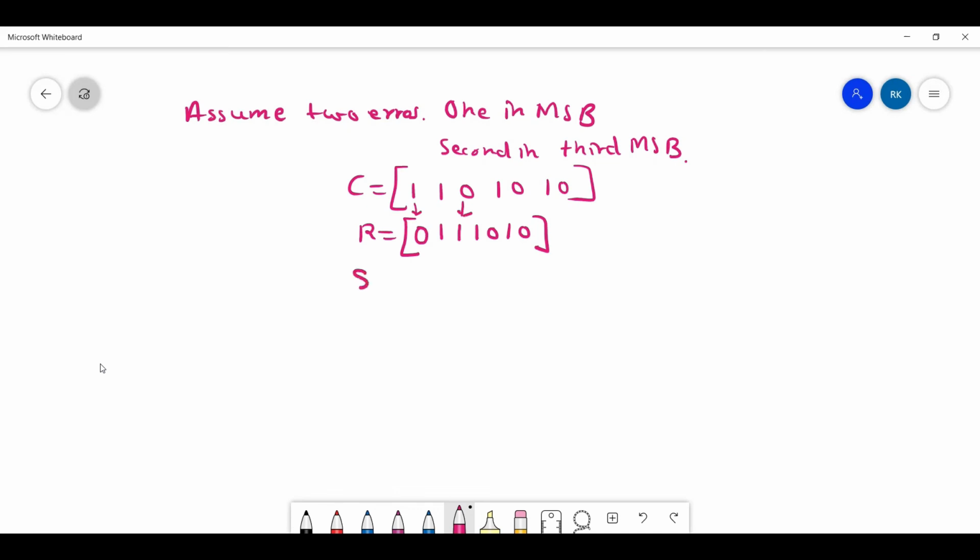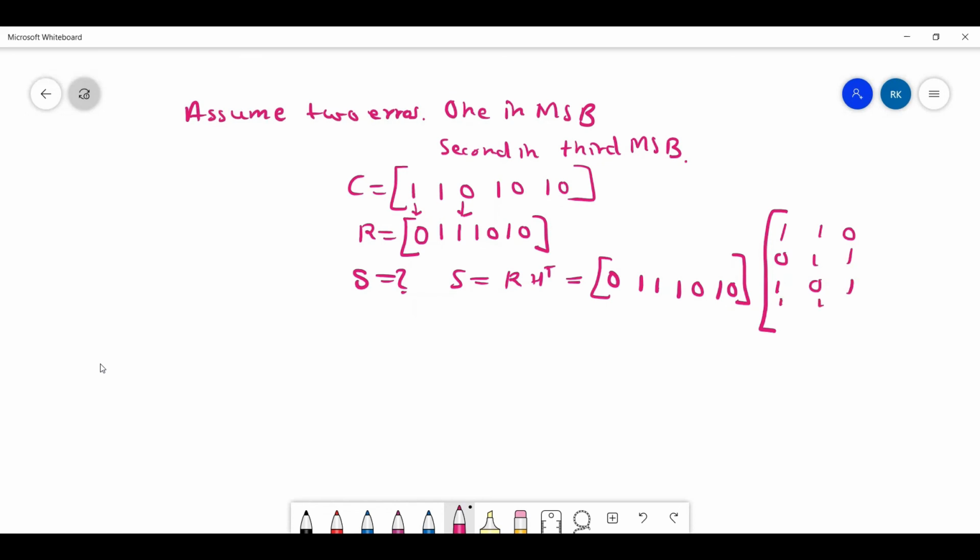So let's calculate S. S is equal to R times HT, which is 0 1 1 1 0 1 0 multiplied with HT, which is 1 1 0, 0 1 1, 1 0 1, 1 1 1, 1 0 0, 0 1 0 and 0 0 1.